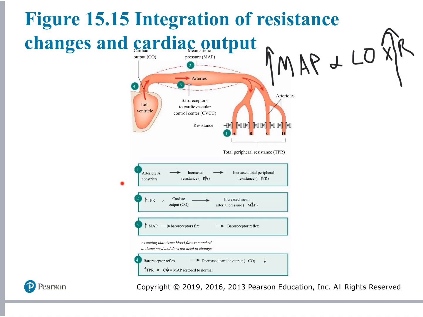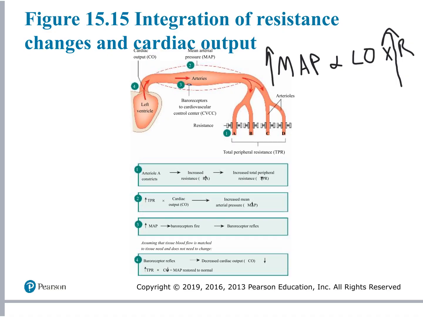So that's what they're showing here. If we increase resistance and it multiplies by cardiac output, then it increases the mean arterial pressure. Well, we don't want the arterial pressure to go up. So what is the compensation? Well, according to the baroreceptor reflex, one of the things we're going to do is decrease the sympathetic nervous system response or increase the parasympathetic nervous system response.